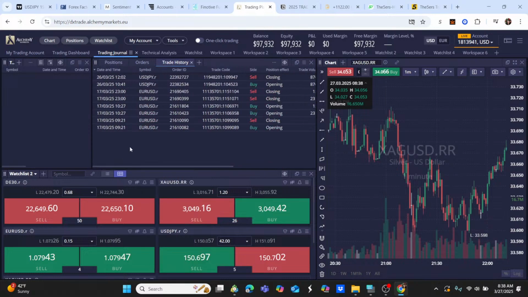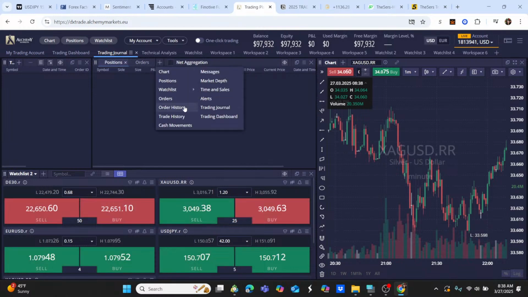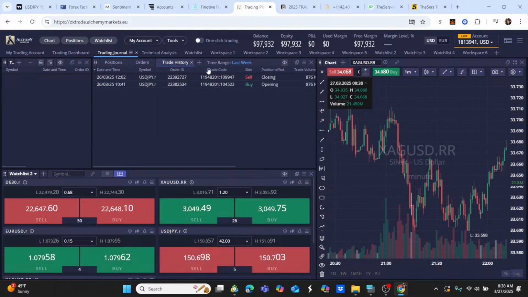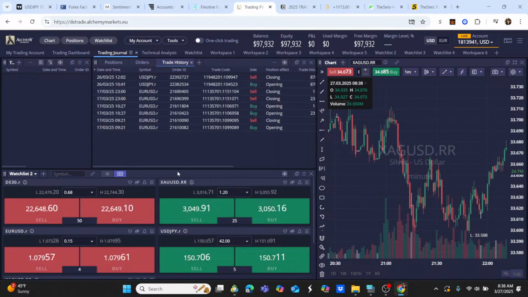I just saw it here to adjust the date and time. Order history, trade history, time range from, okay, February. That doesn't make any sense. It's showing March trades. See?